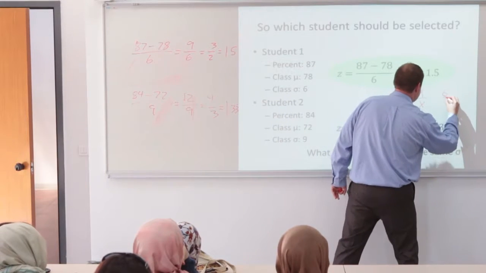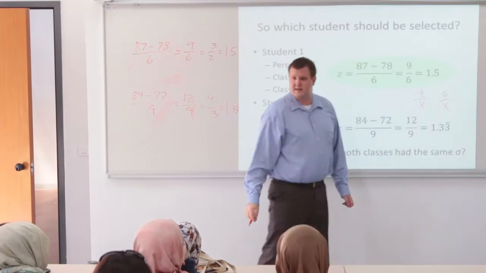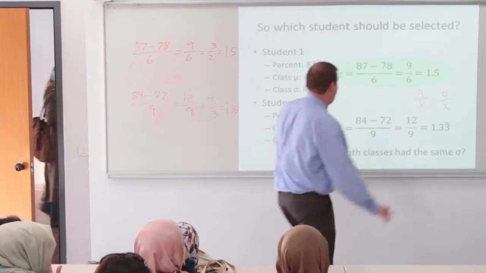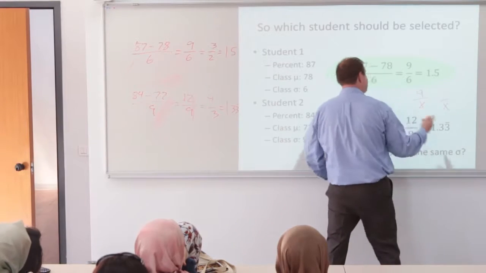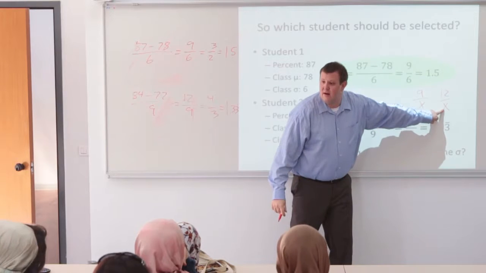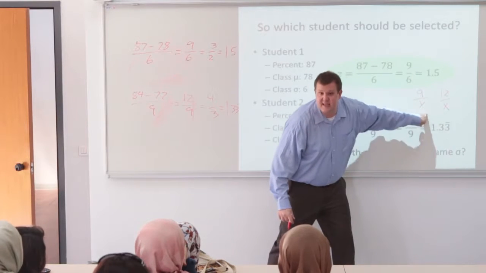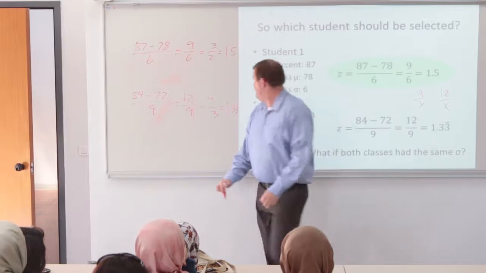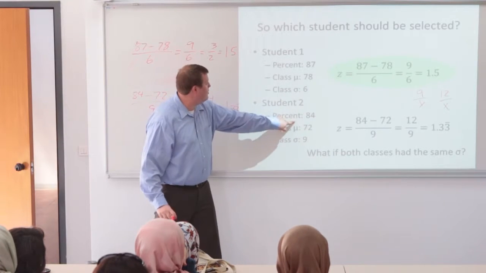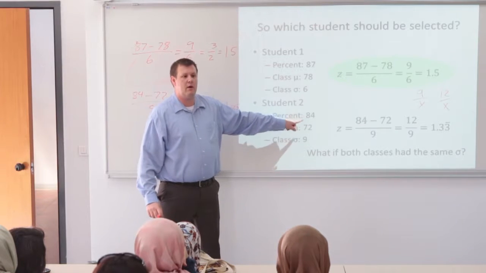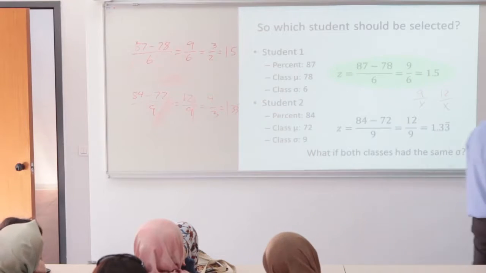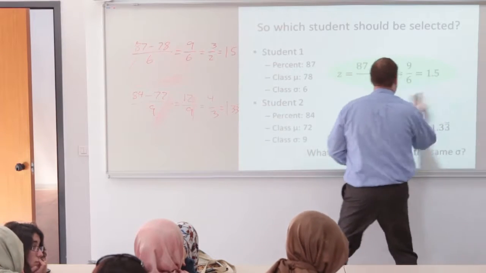Versus 12/whatever that thing is. I'm fixated on the 6. 12, yes. This one is going to be more, no matter what this is. If they're the same, then this student is the better student, even though they had a lower raw score. Does that make sense? So we need to account for the mean and the variability.